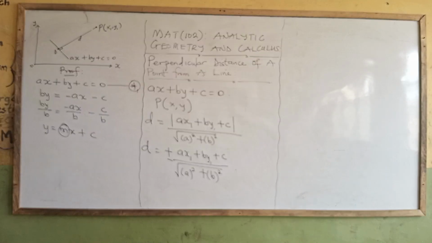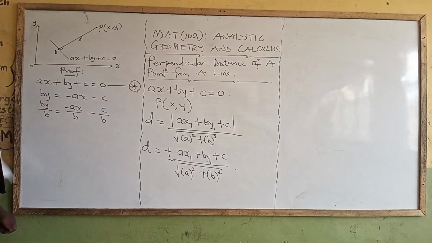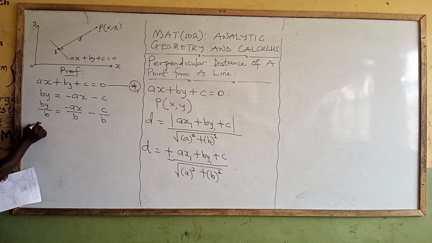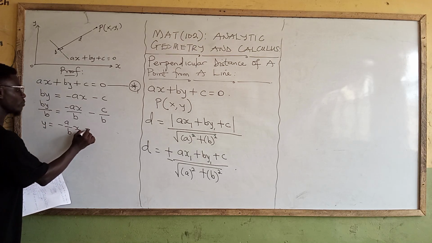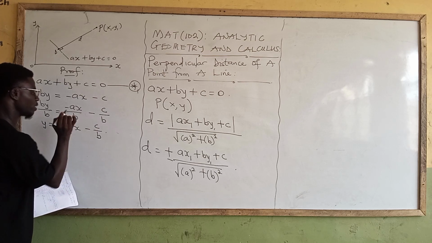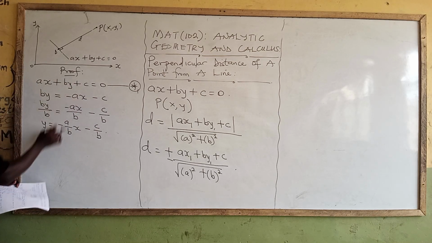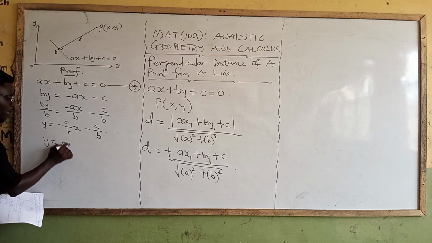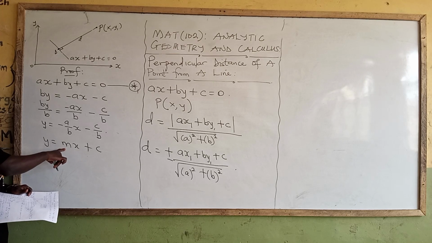Alright. So now we have our y, which is equal to negative a over b x minus c over b. So now we've expressed this equation in the form y equals mx plus c, where the coefficient of x is what? m, that's the gradient.